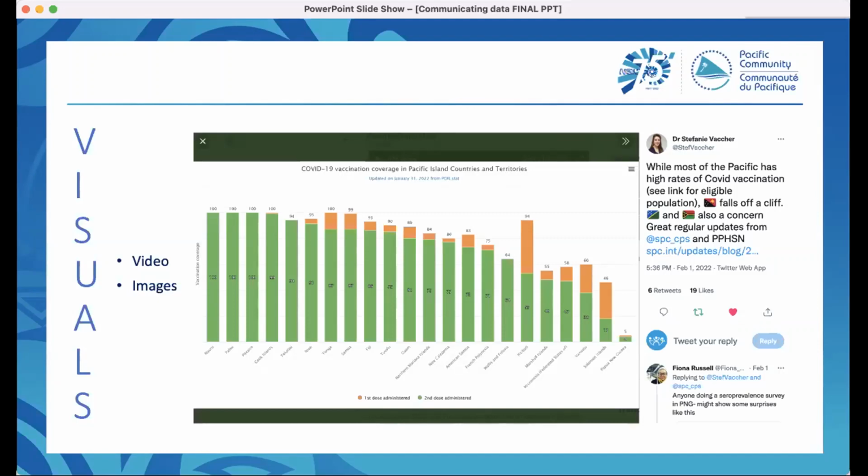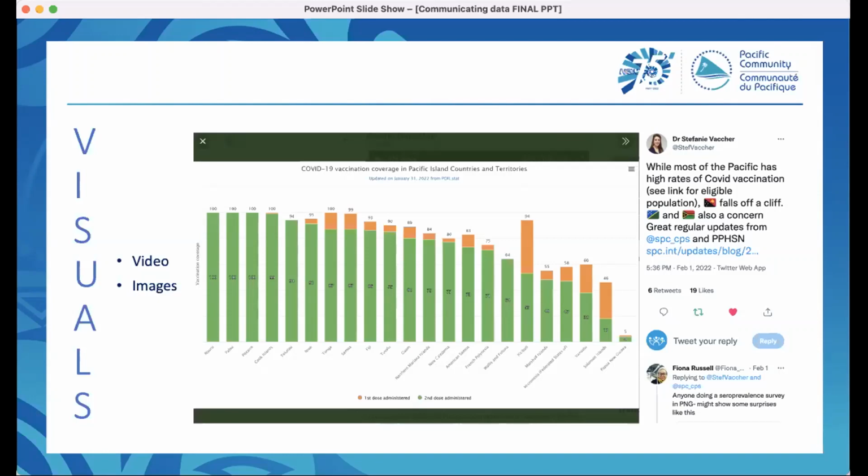As a general rule, using graphs, infographics, images or video on social media will, in inverted commas, increase your engagement. Basically meaning that more people will be likely to see and engage with your post, and therefore more likely to see and engage with your work.